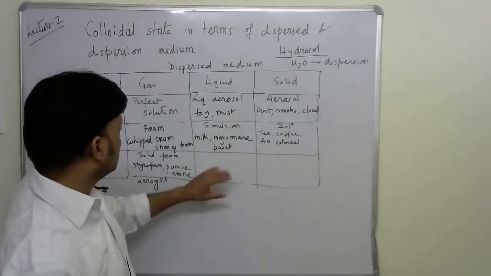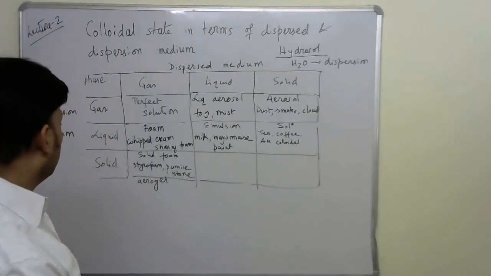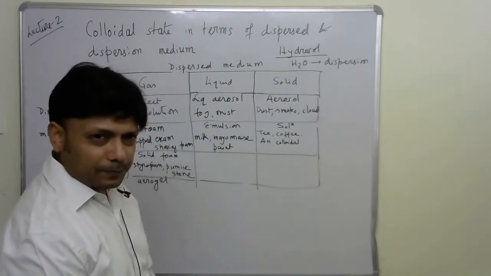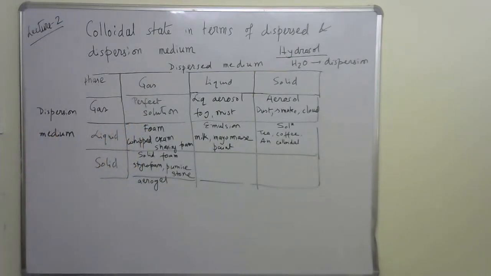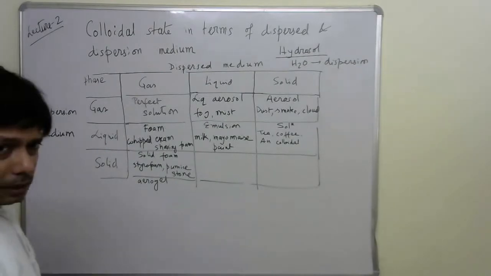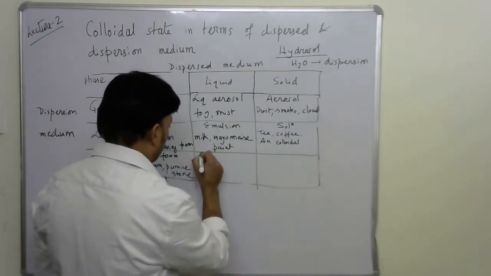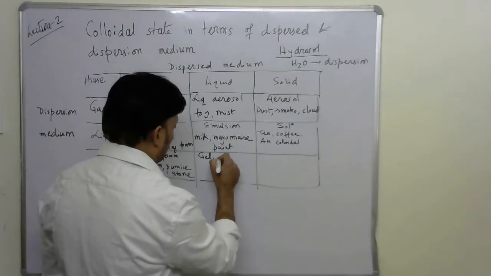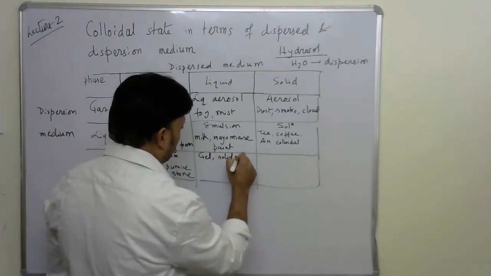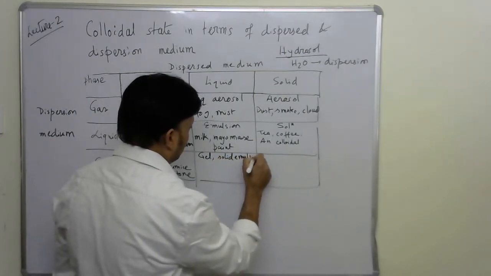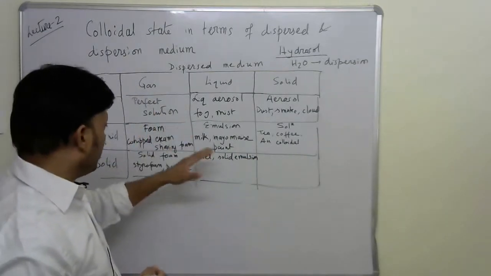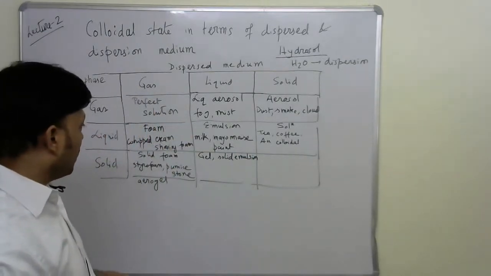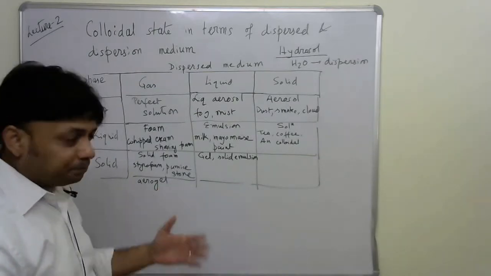our next example is liquid in solid. Okay, so liquid in solid, it is also sometimes known as gel or solid emulsion. So liquid phase dispersed in solid, and examples.